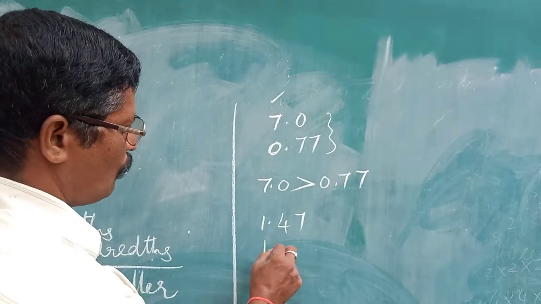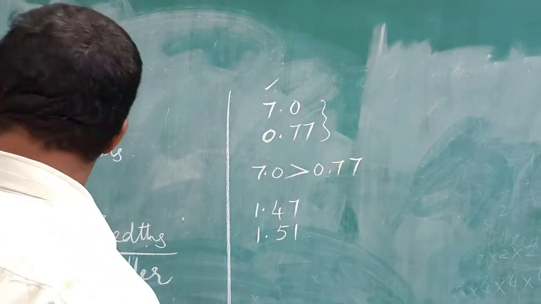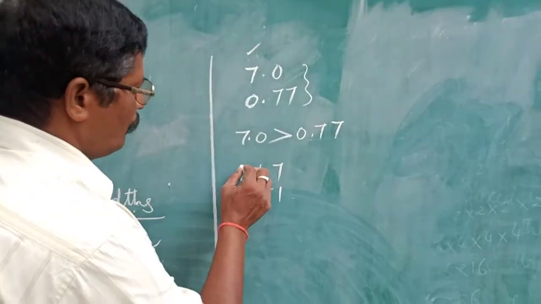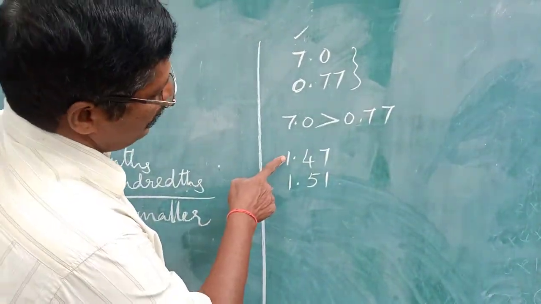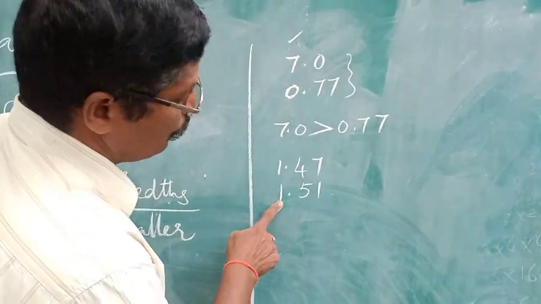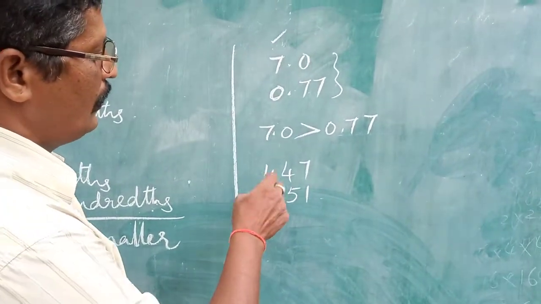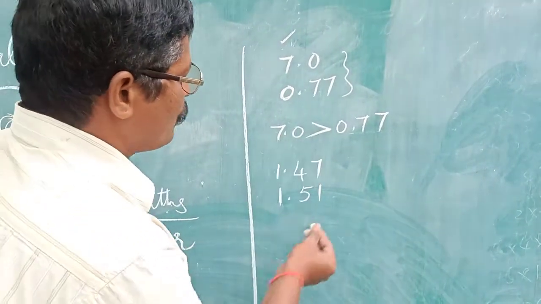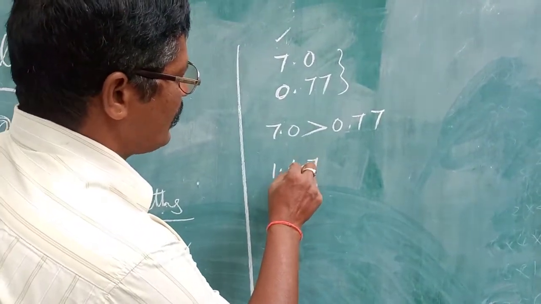One more example. 1.47 and 1.51, which is greater? Again compare the integral part. Here 1, here also 1, both are equal. In this case, compare the next digit.